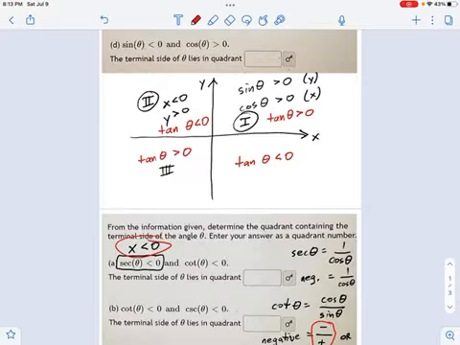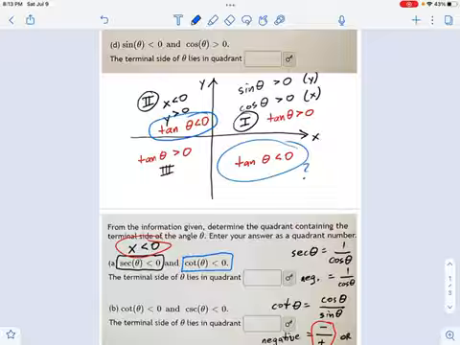So from this information, cotangent less than 0, I know that I'm either here or here. I don't know which one, but I know I'm in one of those two. And then secant being negative points me to this one. Okay, so that answers the question.